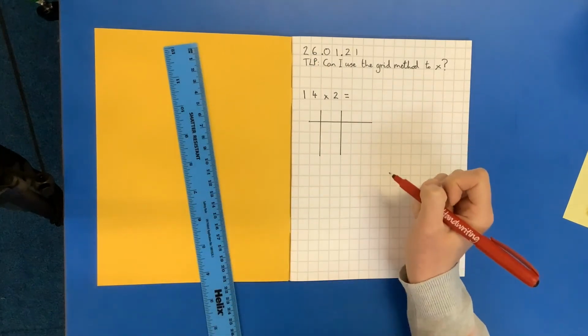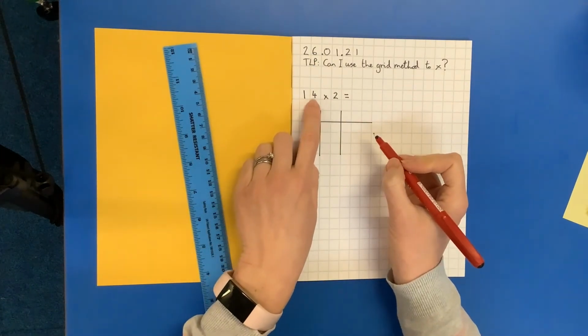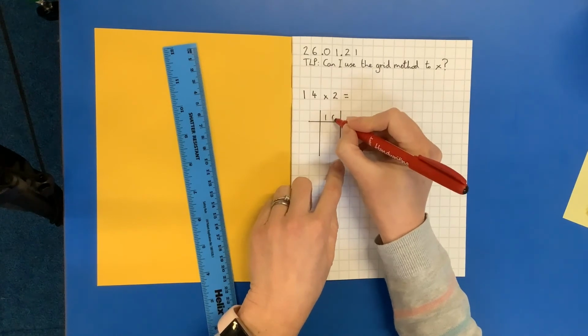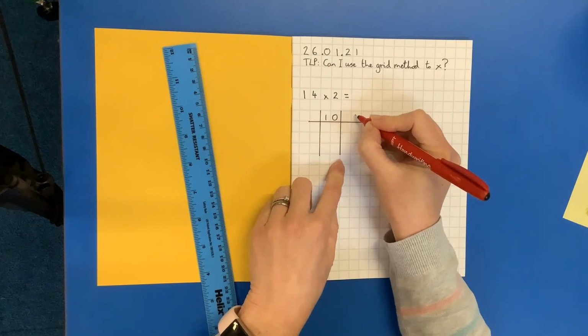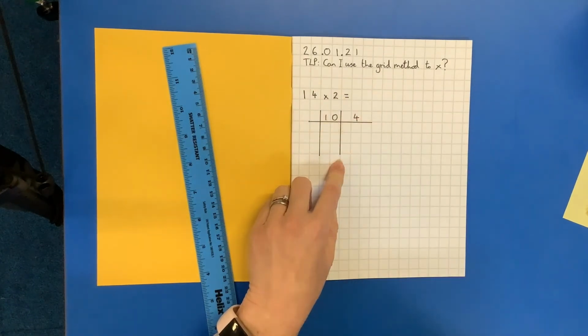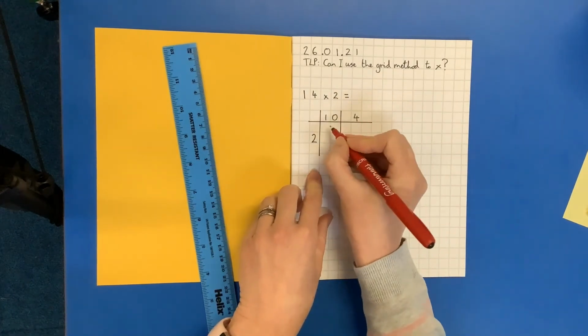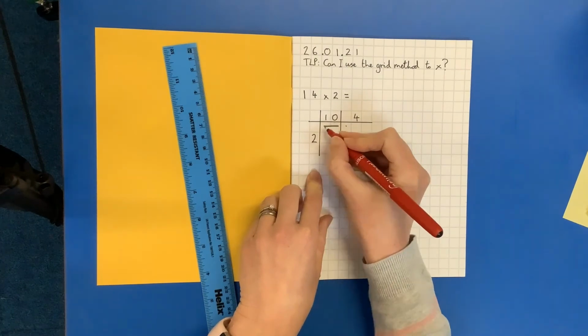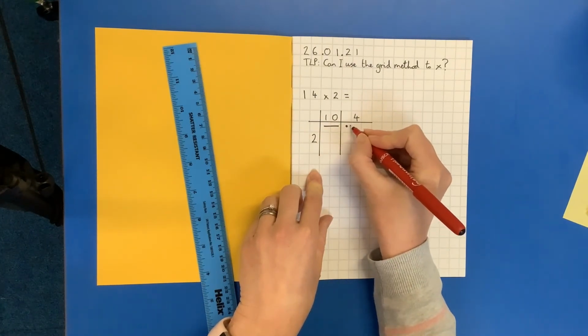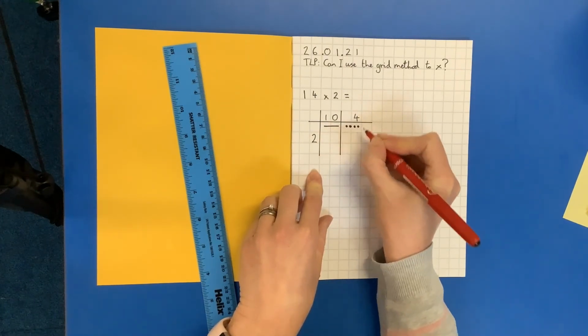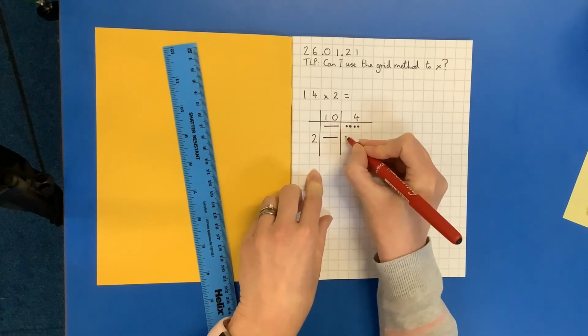So to lay this out into the box, I'm going to say, right, 14 splits into a 10 and a 4. Put the 4 there just to really separate it out. And I'm going to times that by 2. So here's my first 14, 10, 11, 12, 13, 14. Here's my second one.